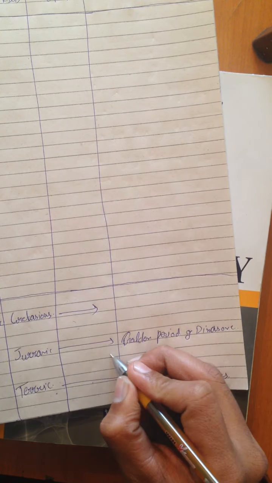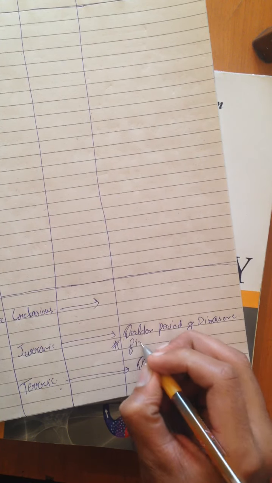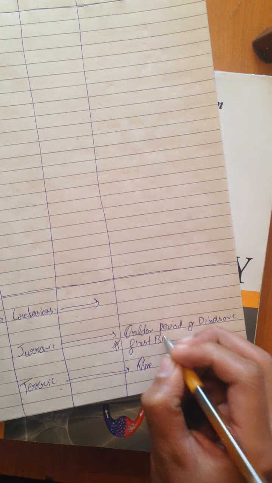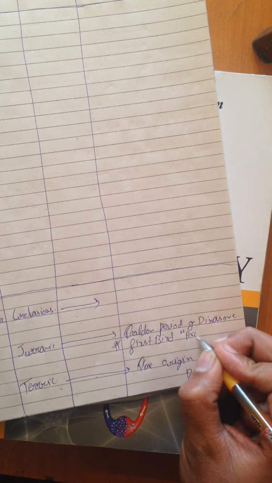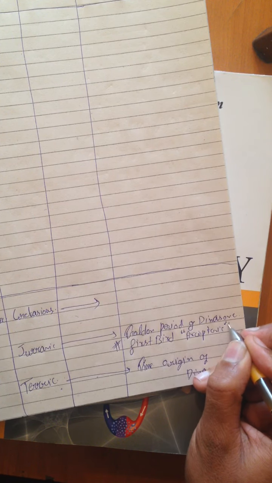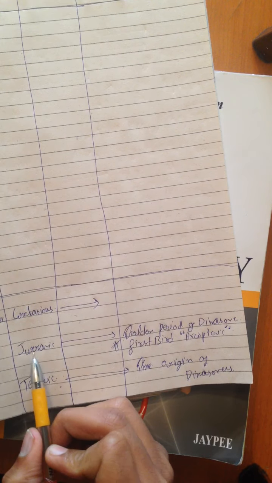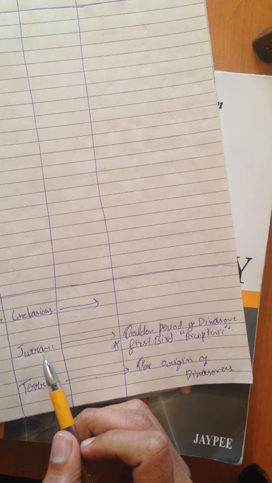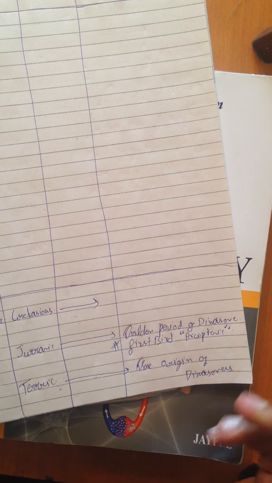And the most important point is that the origin of the first bird, Archaeopteryx, takes place. As you can remember from the Jurassic movies, in the Jurassic the first bird Archaeopteryx takes place.